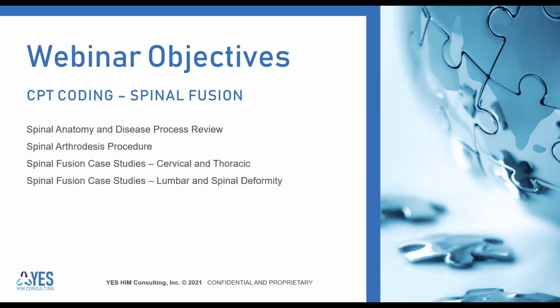First, we're going to go over our spinal anatomy and disease processes. This may be a little bit of a review, but sometimes the terminology within these op reports can be very technical. It can really go into the depth of what the spinal anatomy is, so it's always a great idea to do a refresher.